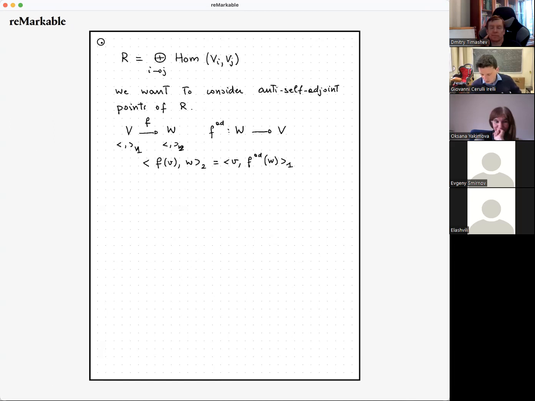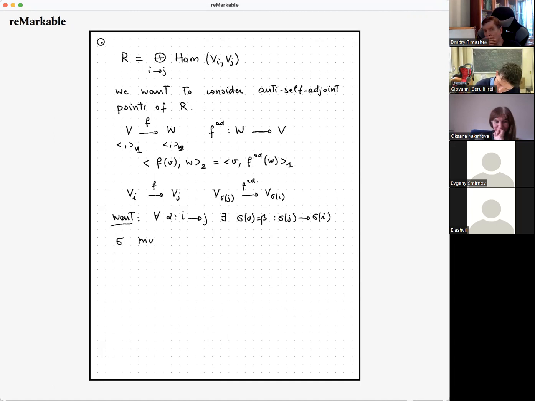Okay. So this means that if there is an arrow from i to j, then we want the adjoint to go from sigma(j) to sigma(i). So what we want is that for every arrow alpha from i to j, there exists an arrow, let's call it sigma(alpha), from sigma(j) to sigma(i).